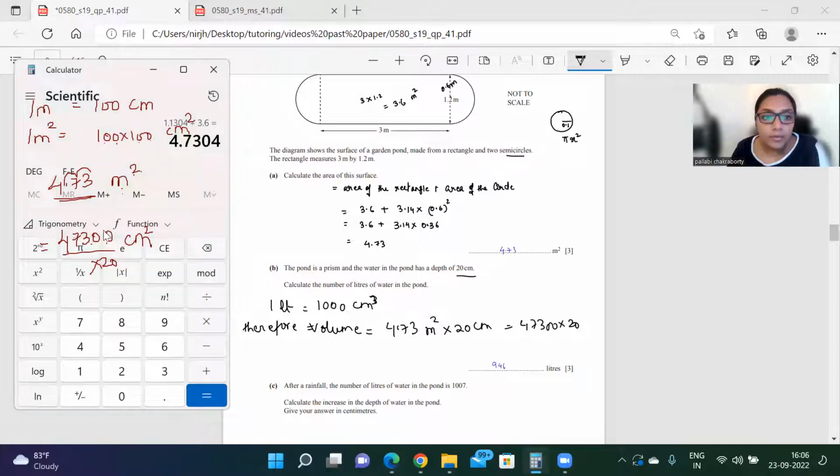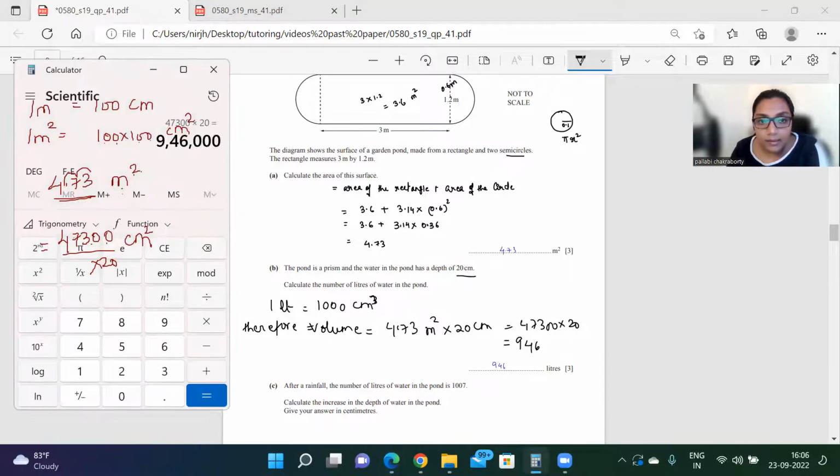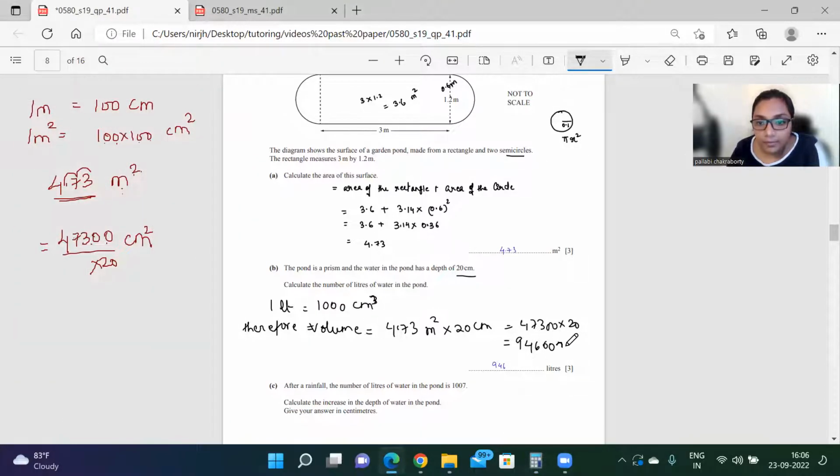What does that come out to be? Let's check. So 47300 times 20 comes out to be 946 and 3 zeros centimeter cube, right?